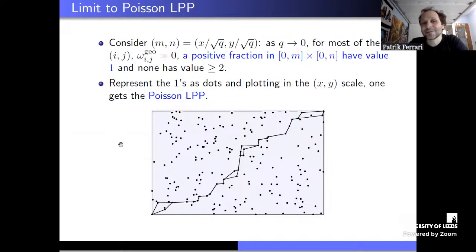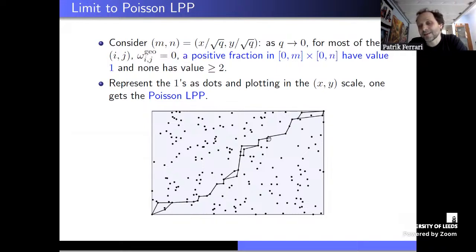But now the omega ij here are all essentially 0, except for some which are 1, which means what you have here: you start from 0, 0, and then you try to collect the largest number of points, which are the omega ij that take value 1.